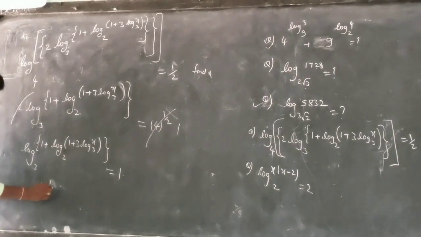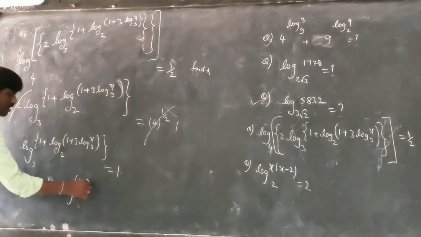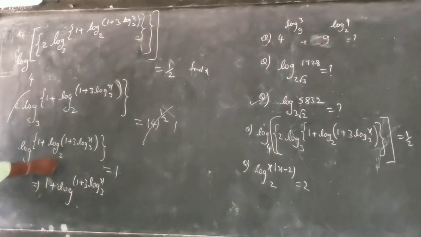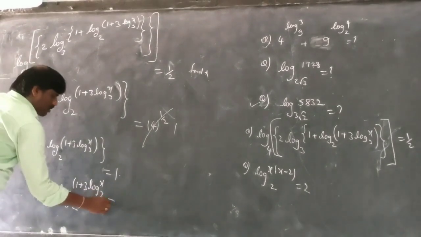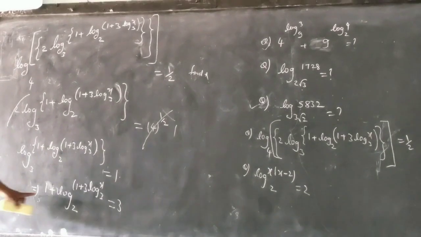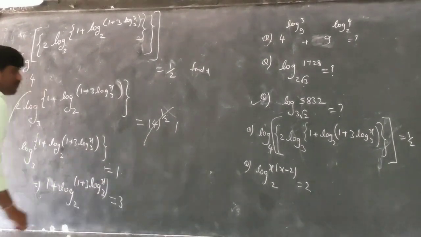So I get 1 plus log of 1 plus 3 log x with the base 3, with base 2, is equal to 3. Okay, 3 power 1 is 3. Now I will send this 1 that side. See what I am doing here.